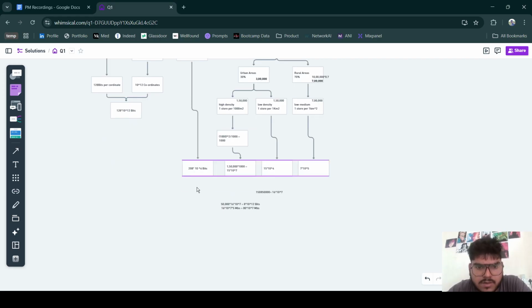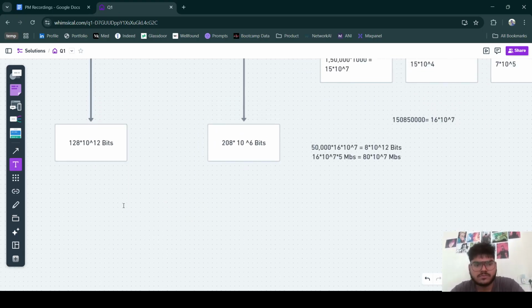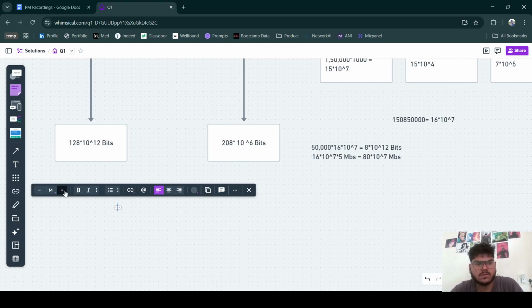taking all these numbers back. So here we have this. So 128 times 10 raised to power 12 bits. Then we have 208 times 10 raised to power 6 bits. Now we have 8 into 10 raised to power 12 bits.